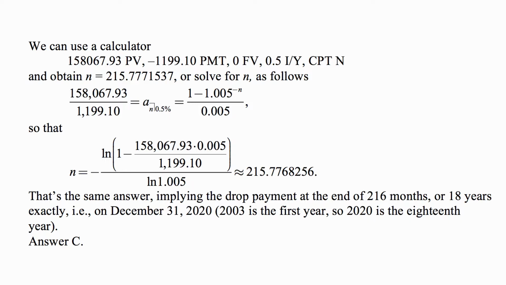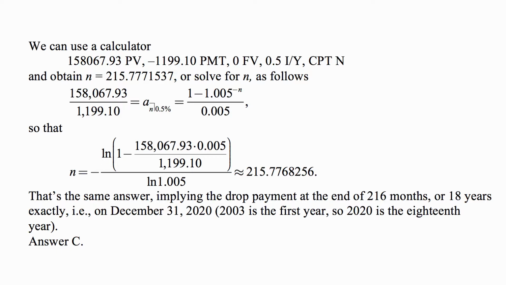Or you can just solve for N, because what we have here is that 158,067.93 divided by 1199.10 must be equal to a angle N at 0.5%, which is 1 minus v to the Nth over i. That's the formula for a angle N that you must memorize.